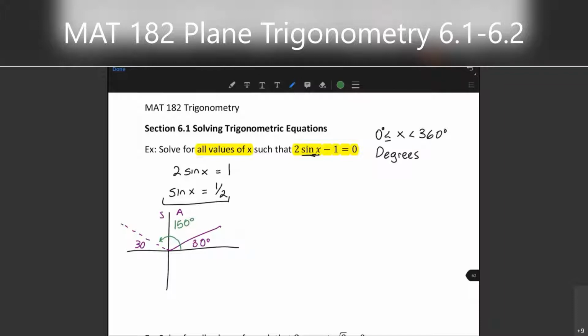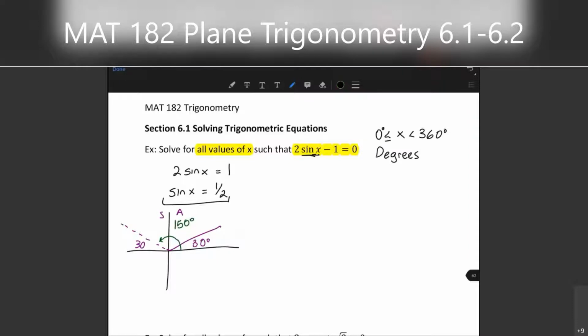And now I want to consider, how would I find all possible solutions? Well, if I wanted all possible solutions, I want to get every coterminal angle to these two given angles. So let me write that down.